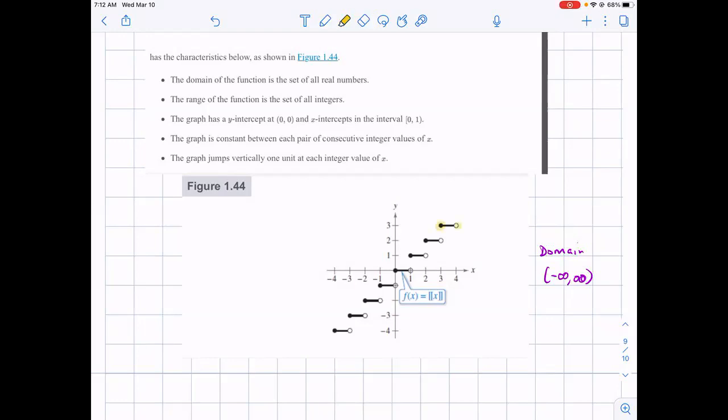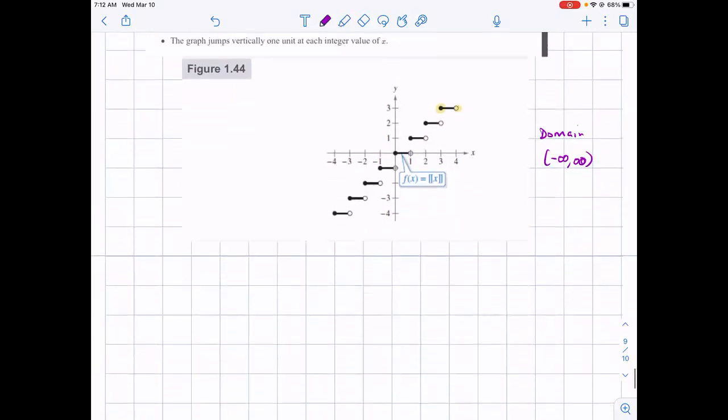So you will have a graph that now looks like this. Okay, this is called the ceiling function.